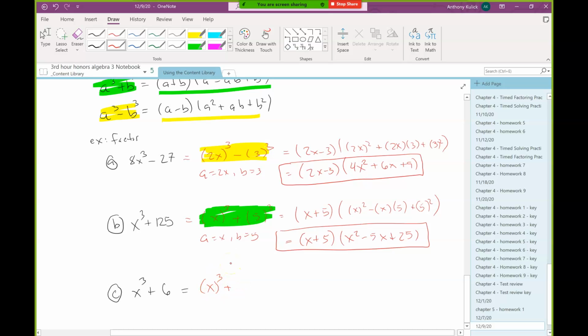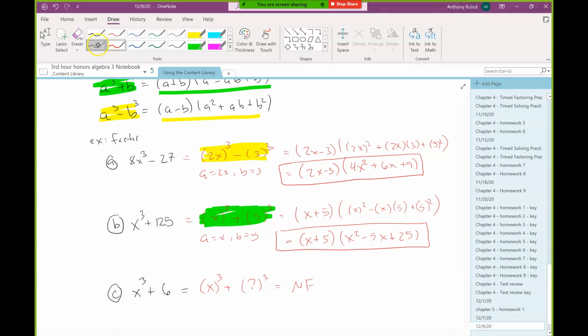But 6 I can't write as something cubed, at least not a whole number, right? I know 1 cubed is 1, and 2 cubed is 8. So the cube root of 6 is something in between. So this is not factorable, because there's not going to be a whole number for me to do that.